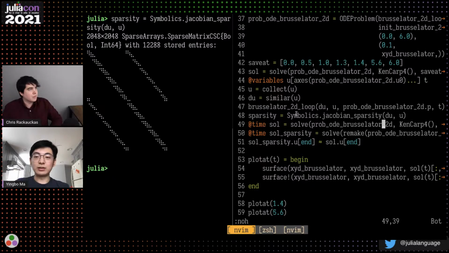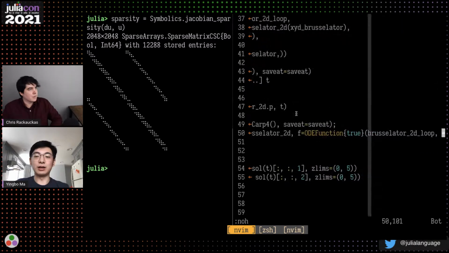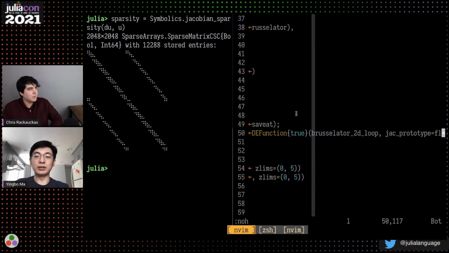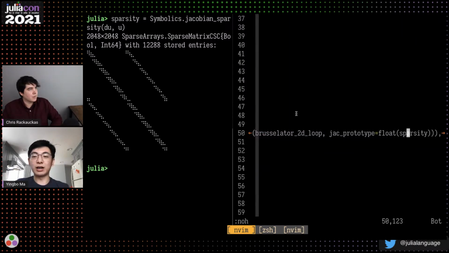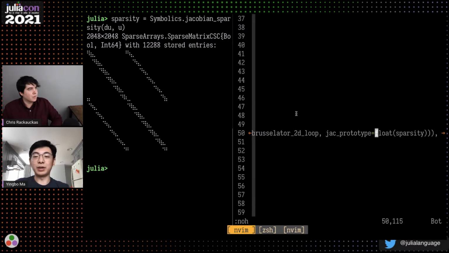Right. So to use this to accelerate our solvers, we'll just tell the ODE solver that the Jacobian prototype has this sparsity. And because when we are solving this PDE, we are using a float type, right?